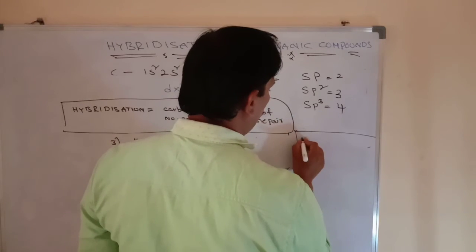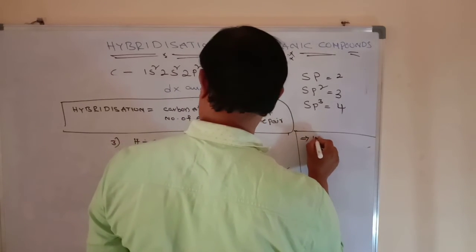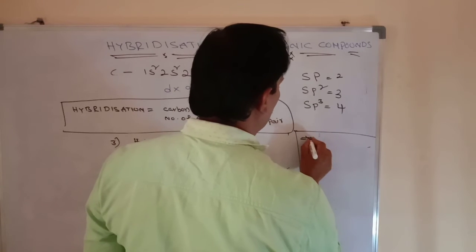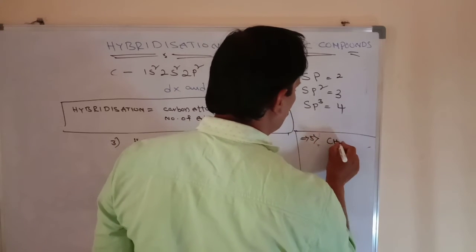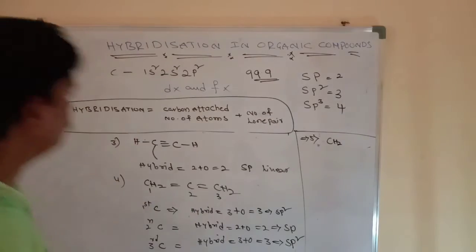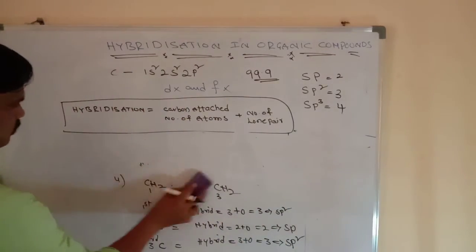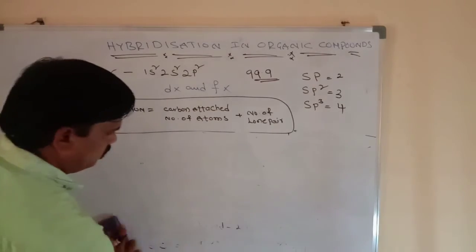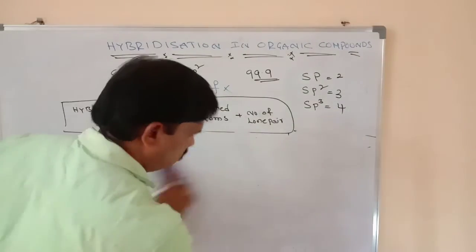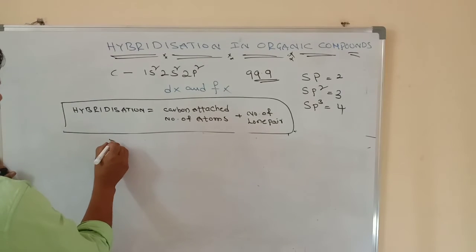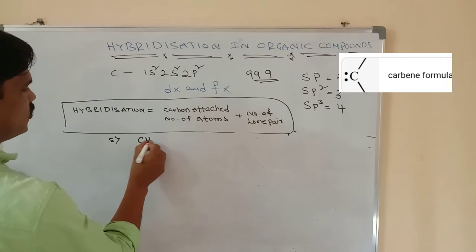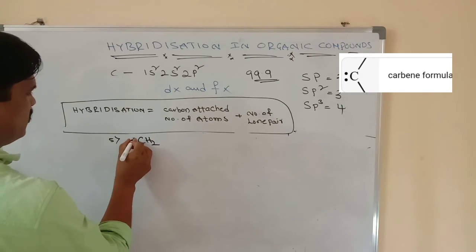For example, this is the fifth example, CH2, where a lone pair of electrons is there.